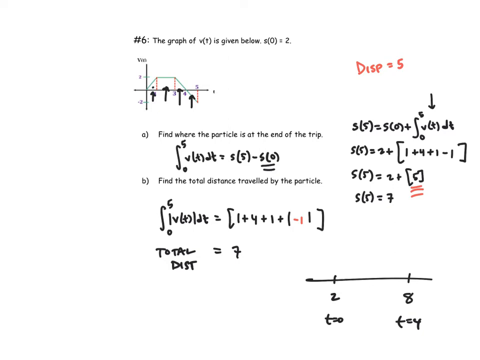So that'd be at 8. So the particle is moving to the right for 4 seconds. It stops, and then it moves back for 1 second, and then it stops. And where does it stop? It stops at 7. So here is the displacement, which was 5 units, and total distance, which was 7 units. All right, there you go. Let's look at one more example.